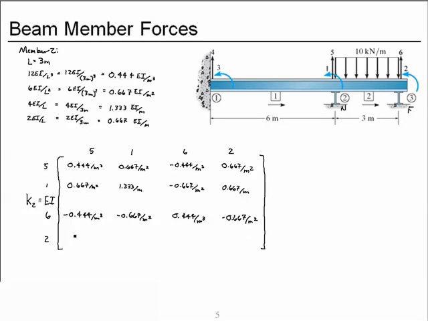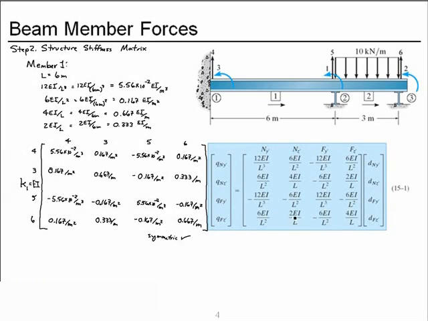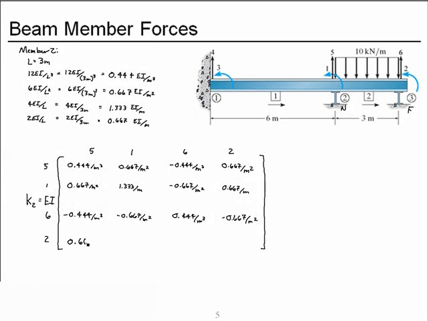Then for our last row, 6EI over L squared, 2EI over L, the minus 6EI over L squared, and then 4EI over L. So 0.667 over meters squared is the 6EI over L squared, then 2EI over L is 0.667 over meter, then the minus 6EI over L squared, and then 4EI over L. And now let's check that our diagonal is all positive.